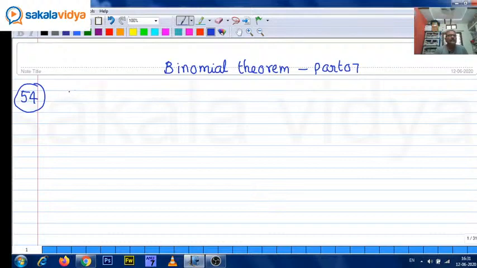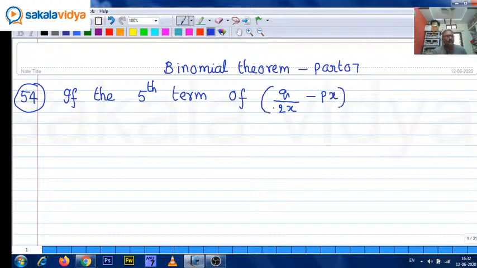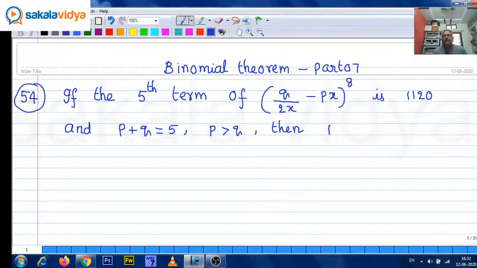54th. If the fifth term of (q/2x − px) raised to 8 is 1120, and p plus q equals 5, p greater than q, then p equals?